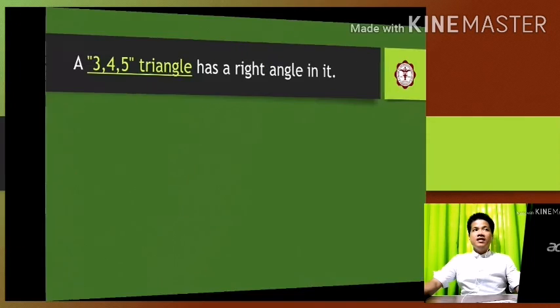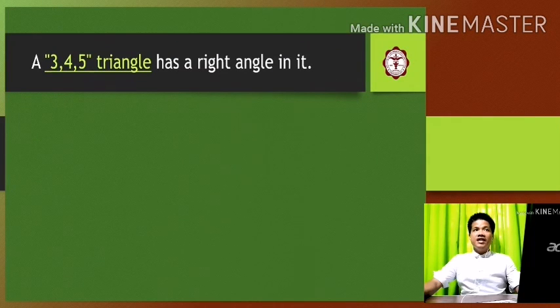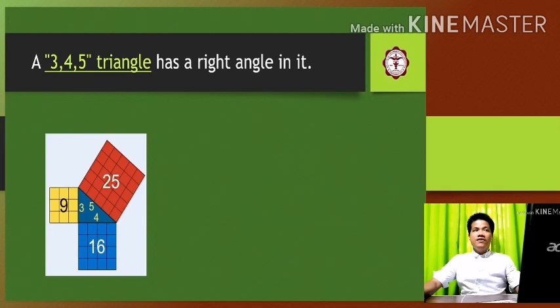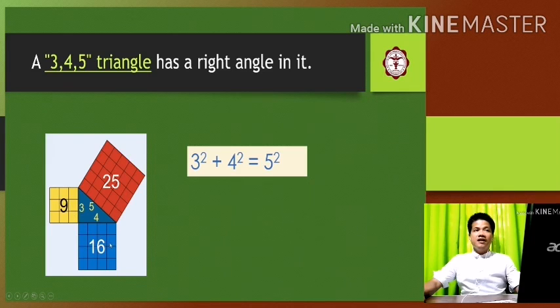As an example, a 3, 4, 5 triangle has a right angle in it. So using the figure, the area of the smallest square plus the area of the other square is simply equal to the area of the biggest square.